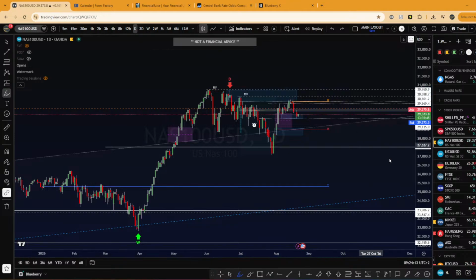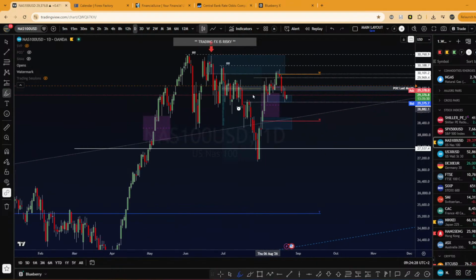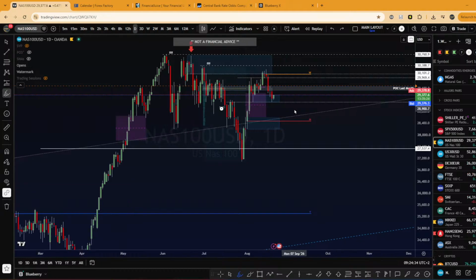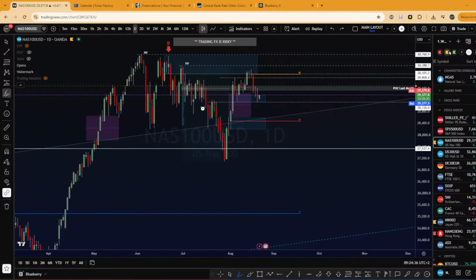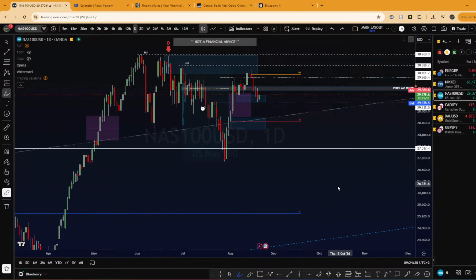So yeah, for indices, I'm focused for this week and the following week on Nasdaq and Nikkei, which for me present a better opportunity to target the all-time high. Okay, so let's go back to my watch list, yellow watch list.